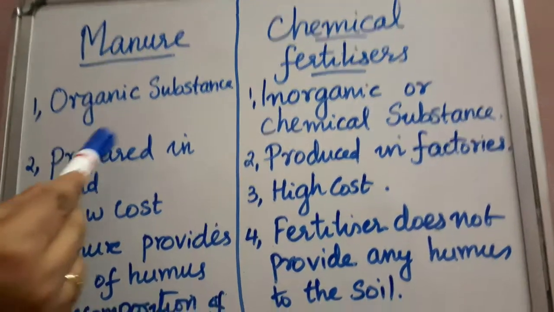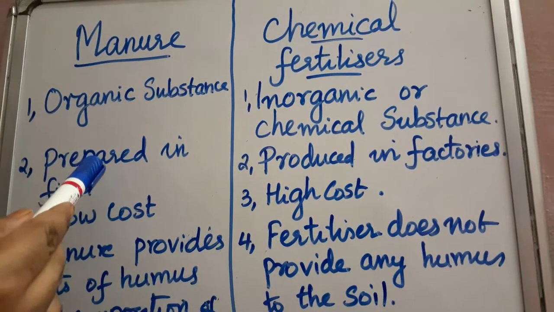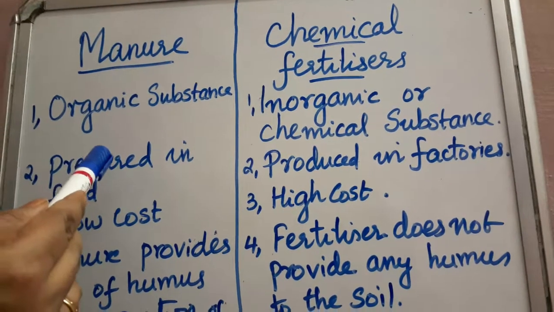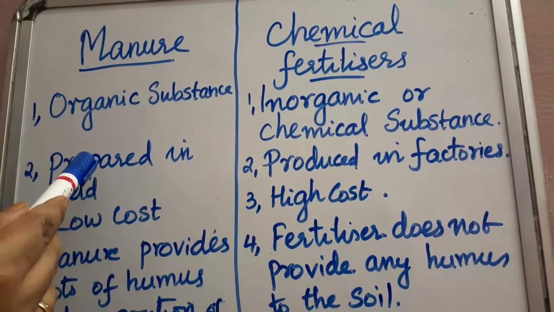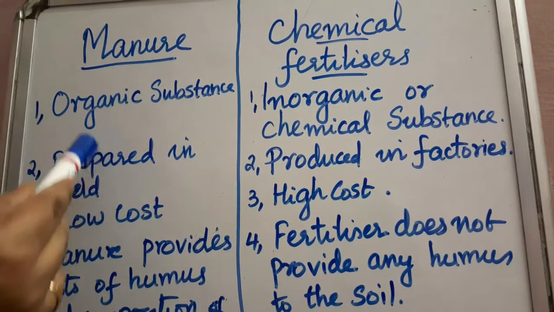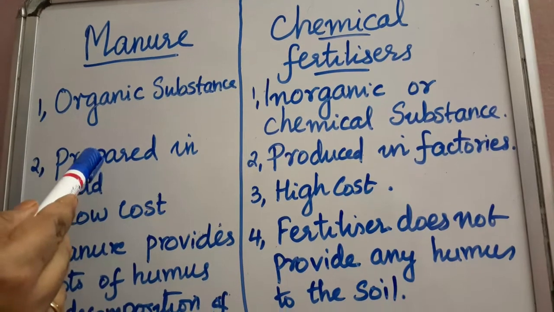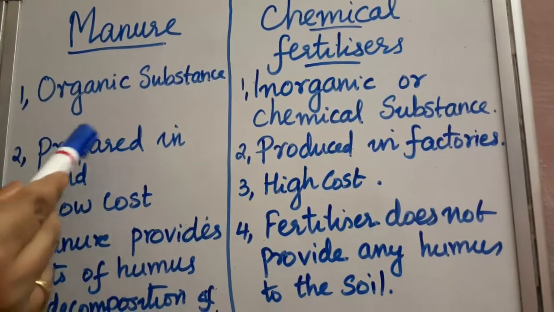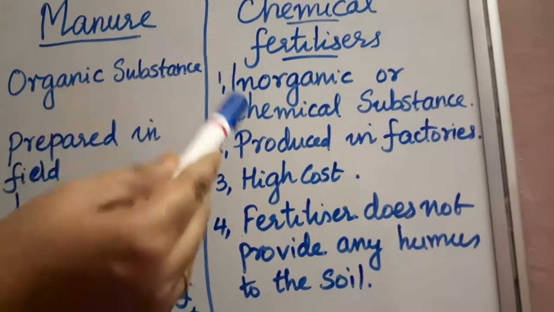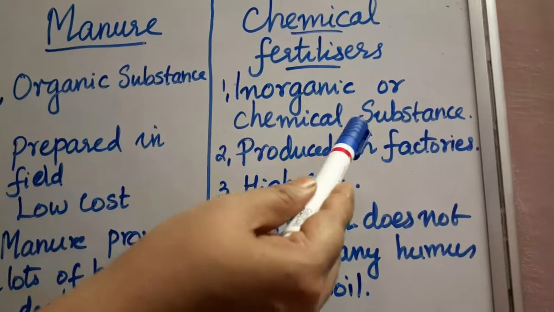Second point, manure is prepared in the field, in the soil. If you dig a pit and collect all the waste materials, after a few days it will turn into nutrients, manure. We can make compost also by using earthworms, that is known as vermicompost. While chemical fertilizers are produced in factories.